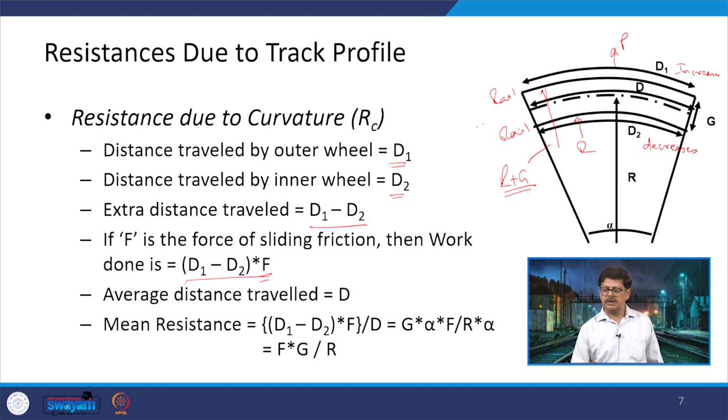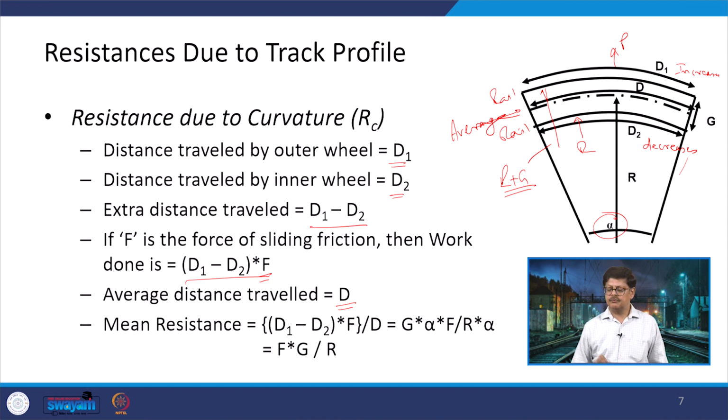Now, if we talk about the average condition, we have a distance travelled d. If we have this distance travelled d, the mean resistance is d1 minus d2 into F divided by d, and then these d1 minus d2 and d values can further be correlated, because this is a distance being travelled and there is an angle at which this distance is coming up.